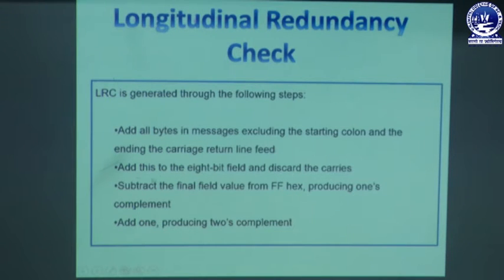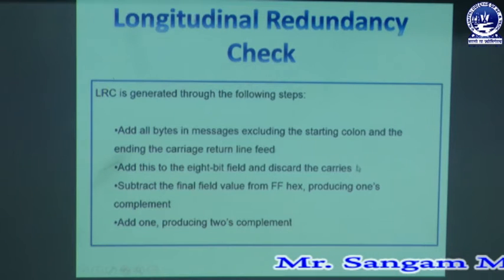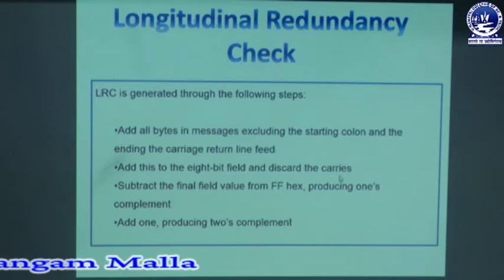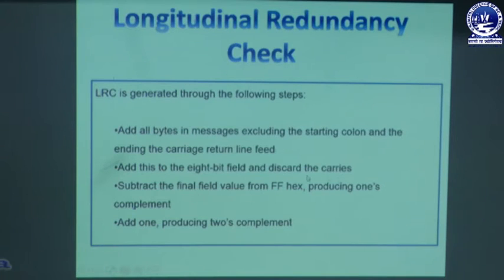Then the next step is to add this to an 8-bit field and discard the carries. That means while adding the numbers, whatever carry is found will be discarded and only the 8-bit field will be considered. Let us say after adding 2 bit streams, we have got 9 bits.